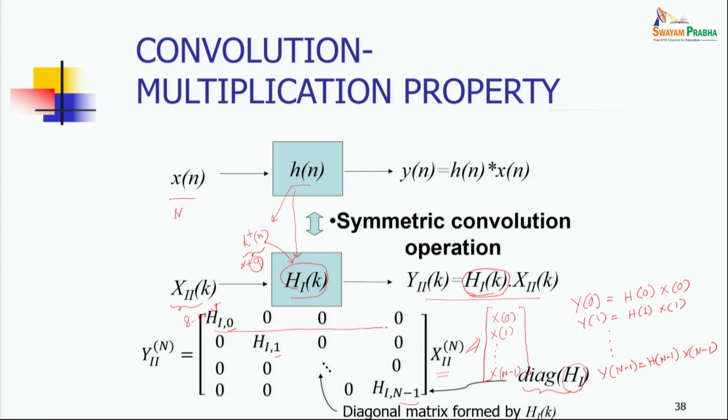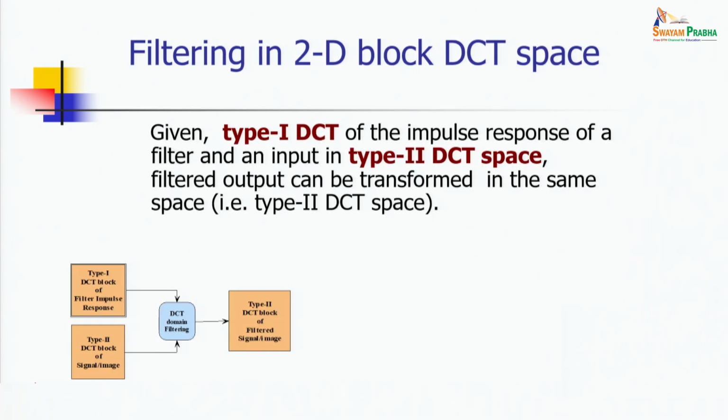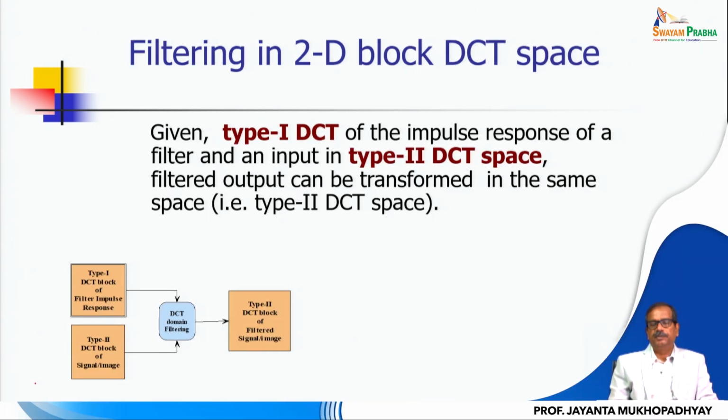Consider the first row and the column vector. Only hi0 is multiplied with x0, and then you get the respective y0. Similarly, h1 multiplied with x1 gives the respective y1, and it goes on. Now let us consider how this computation could be extended to a two-dimensional DCT block.